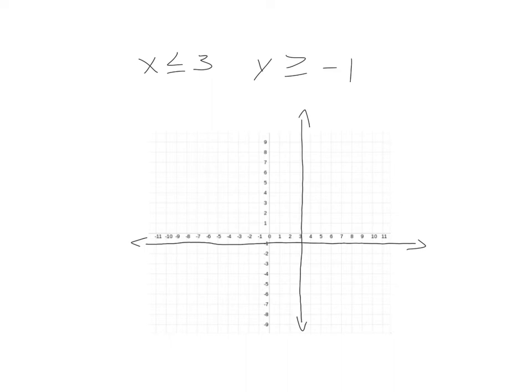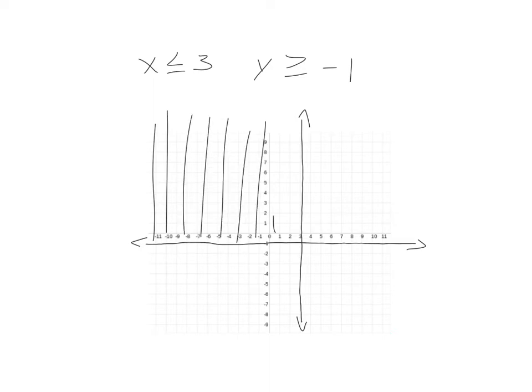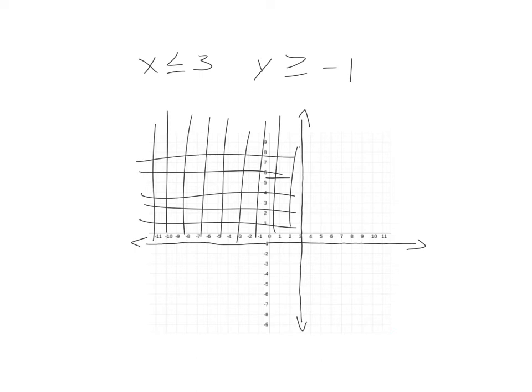So now we have our region sort of defined here. We have x is less than or equal to 3, which means it's everything to the left of 3 and above -1. So this is all the stuff above y equals -1. This is all the stuff that is left of x is less than or equal to 3.